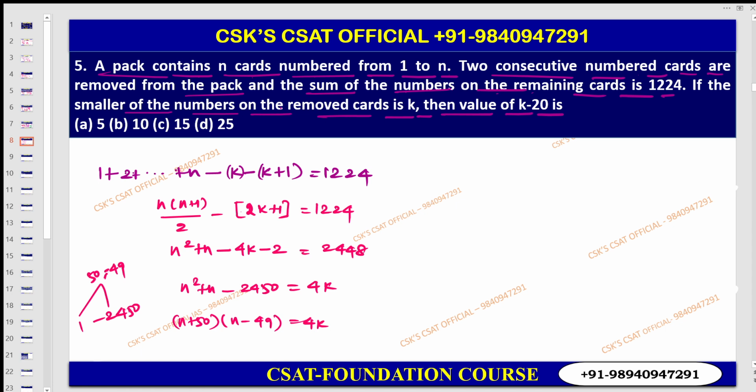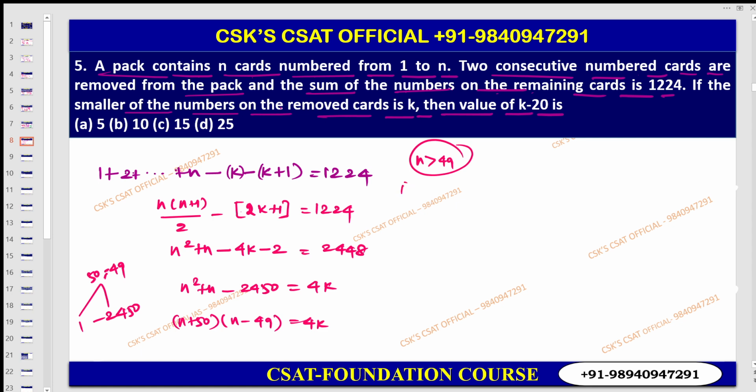Now try to understand. The n value must be greater than 49. n value must be greater than 49. If you are placing 49, then it becomes 0, right? So greater than 49, you can take any value.